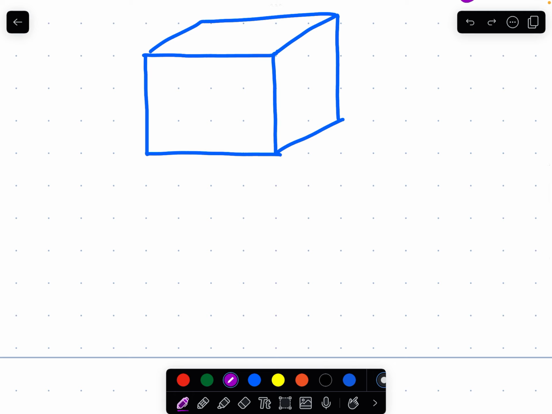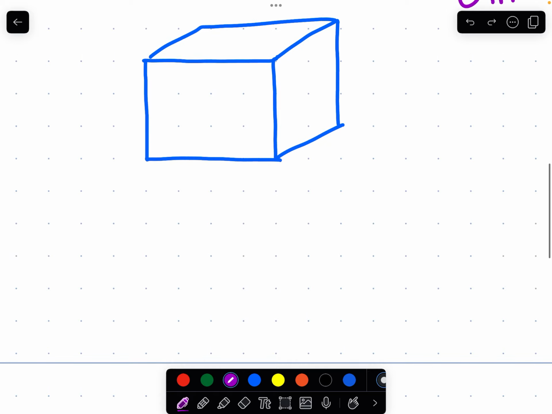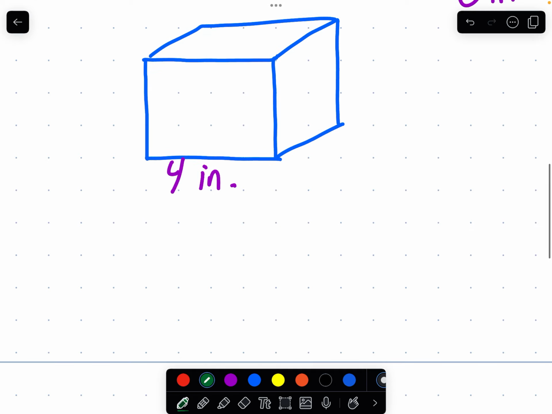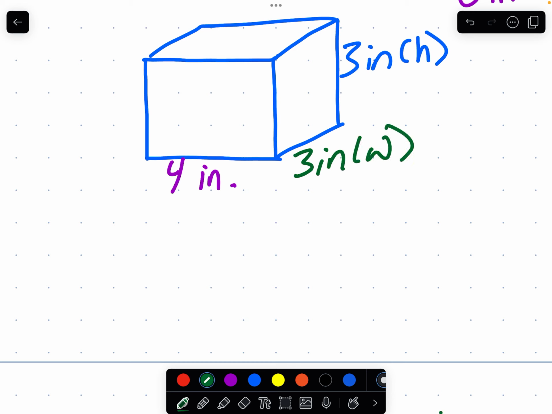And let's pretend for this one we've got a length that is 4 inches. We've got a width that is, let me put this in a different color, 3 inches. And let's pretend our height is another 3 inches. Okay, and I'll put height, and then I'll put width over here, and then I'll put length over here.